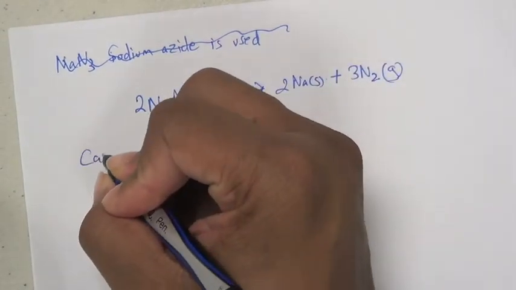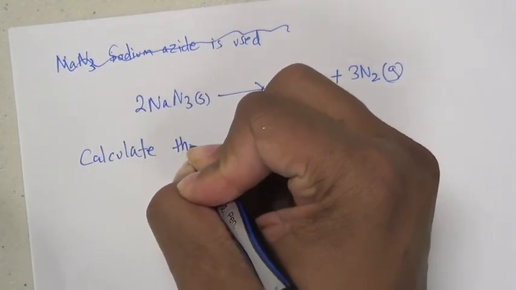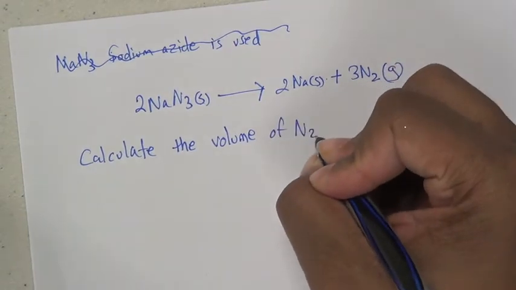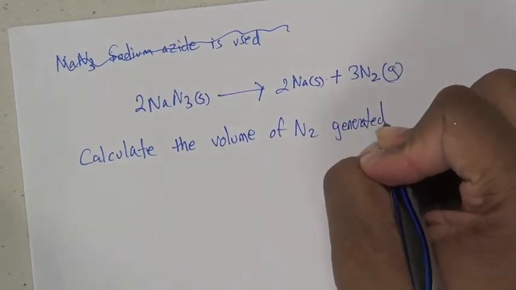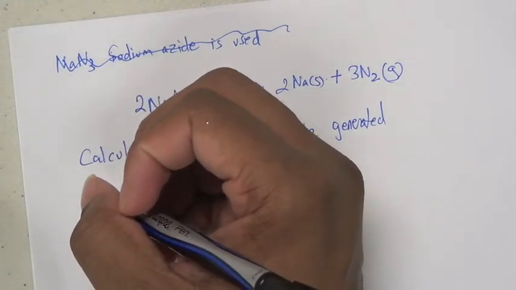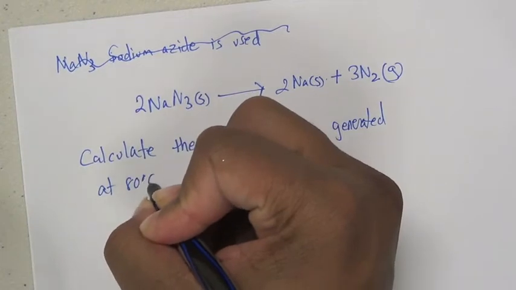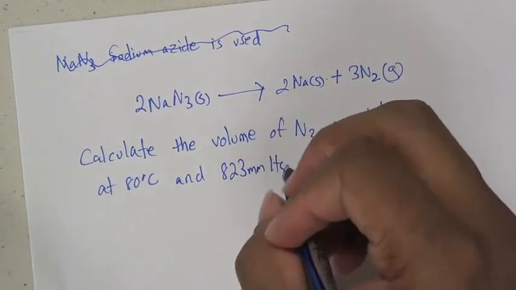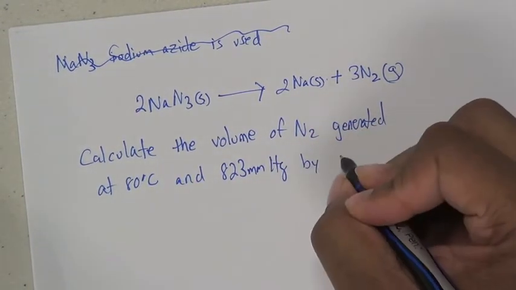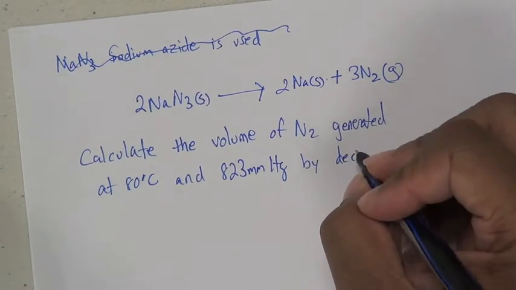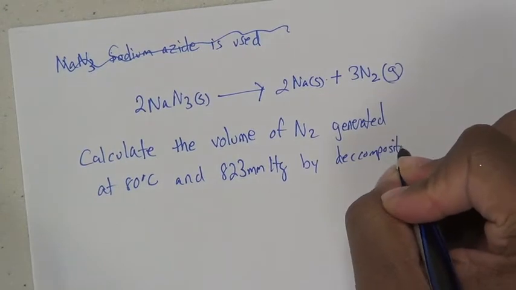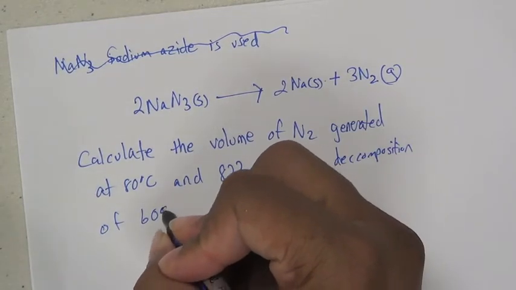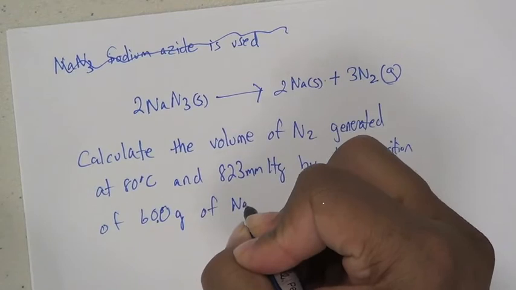It says calculate the volume of N2 generated at 80 degrees Celsius and 823 millimeters of mercury by decomposition of 60 grams of sodium azide.